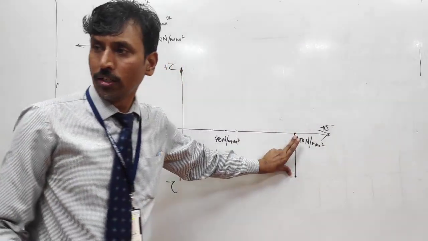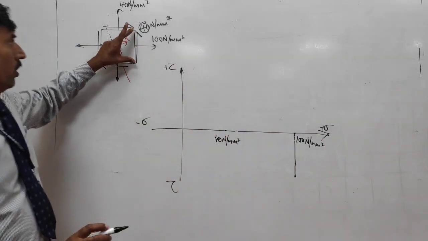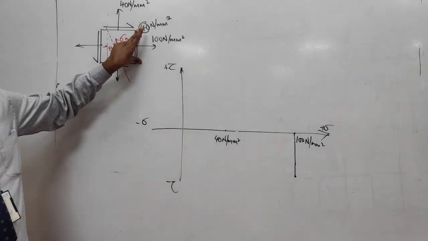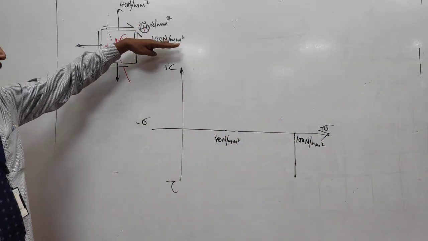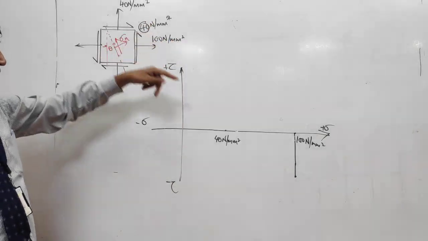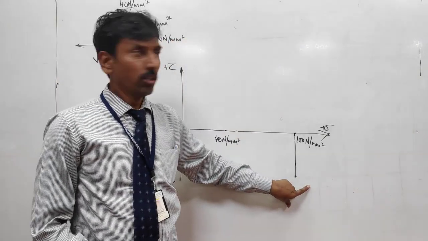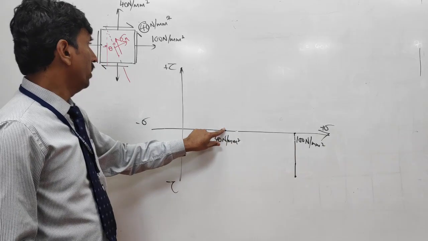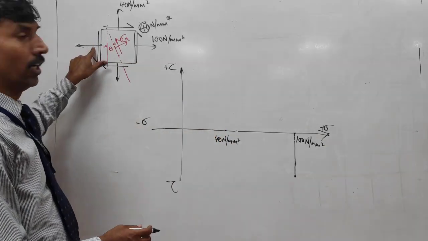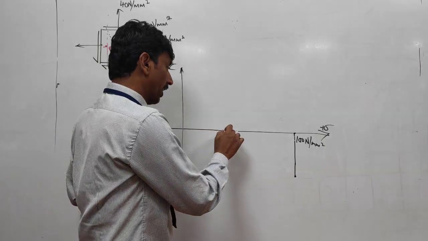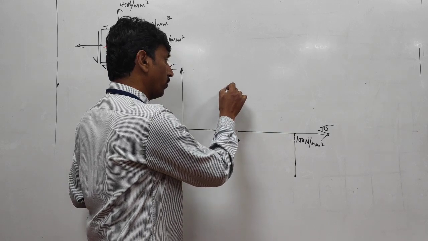Okay, got this point? If it is going above here in the positive x direction, that has to be taken in the opposite direction, and exactly on the other side it should be drawn. It has to be drawn on the opposite side, which is again 40.